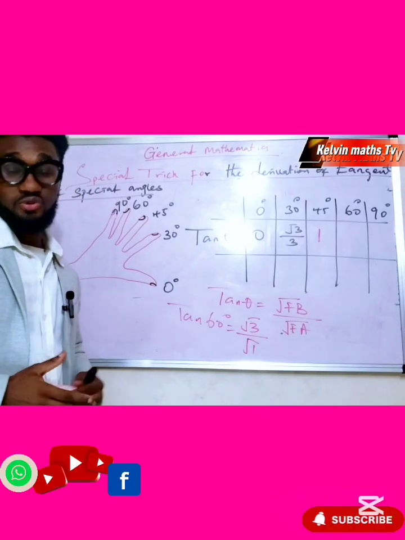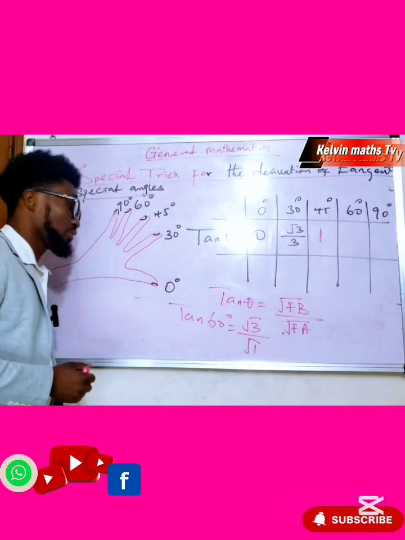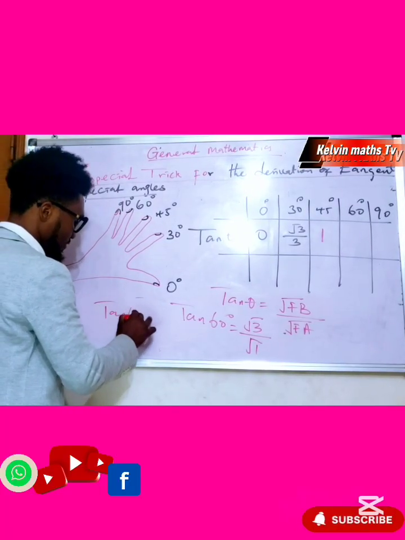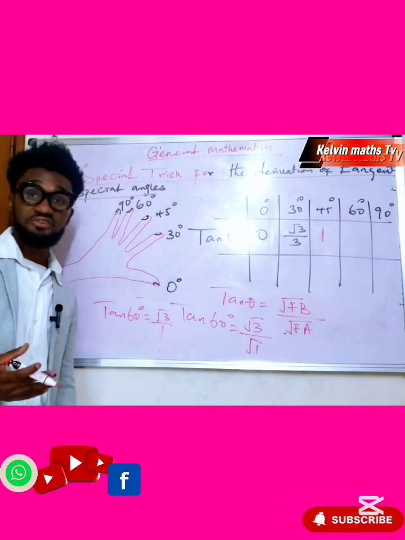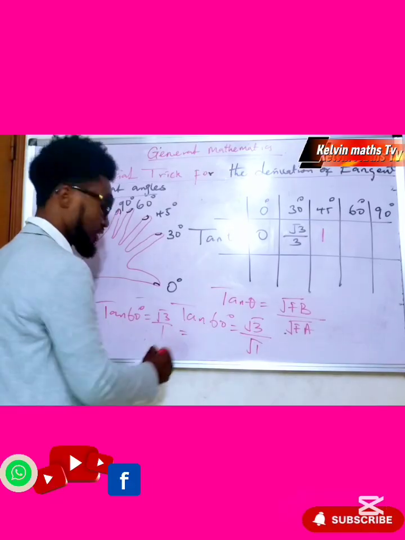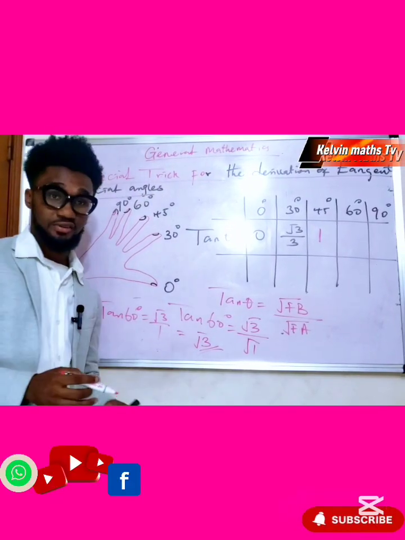And of course, square root of 1 is 1, right? So since square root of 1 is 1, we can therefore say that tan of 60 degrees is equal to square root of 3 over 1. And everything divided by 1 is still that thing, right? Good. So we can say that tan of 60 degrees is equal to square root of 3 by derivation.